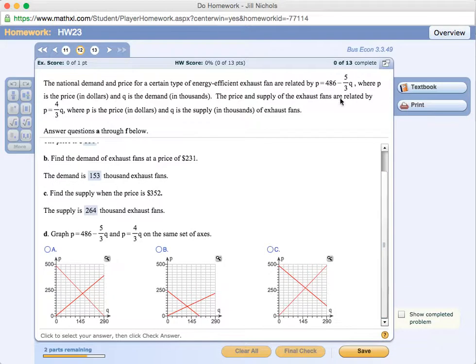So it's going to be the one that's going down. And then the supply function has a positive slope of 4/3, so it's going to be the one going up, whether it's this one or this one, doesn't matter.